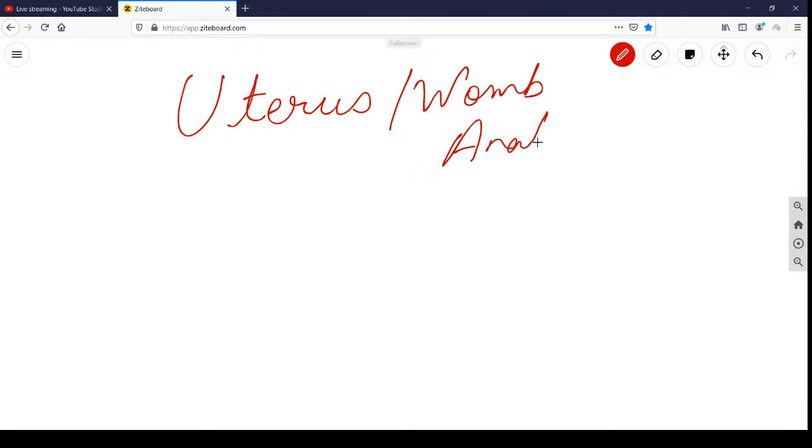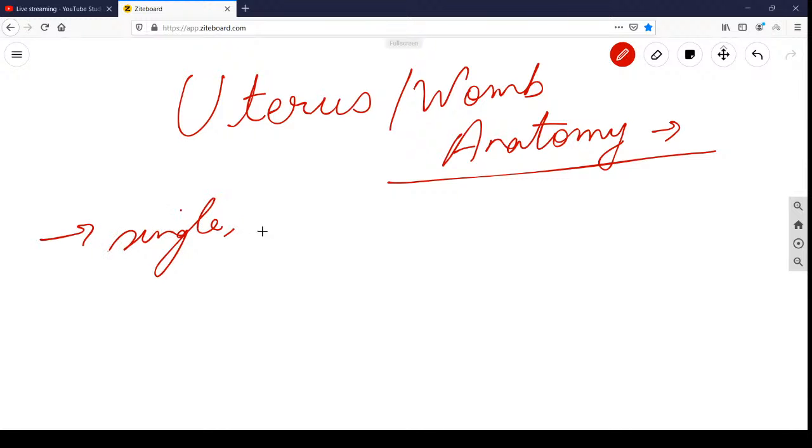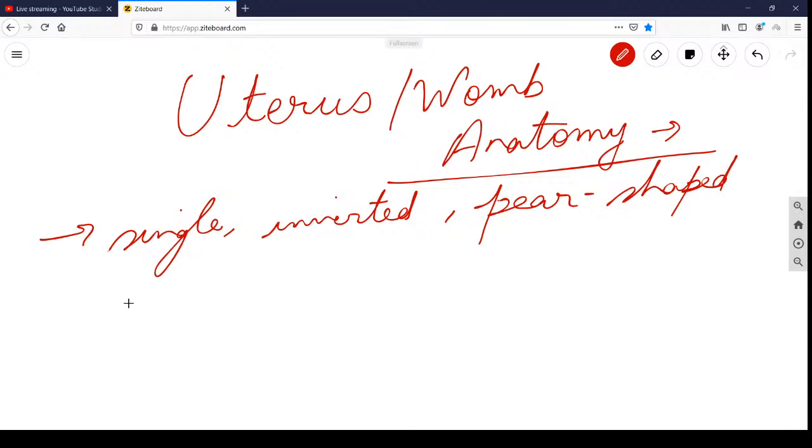Womb anatomy. An inverted pear-shaped organ. And where is it located? We should know the location also as per the NEET examination.